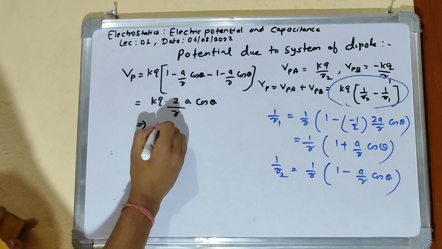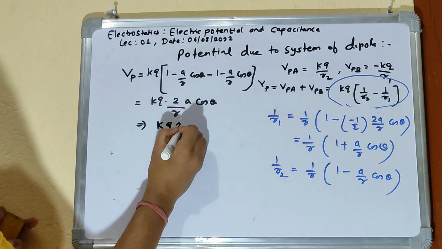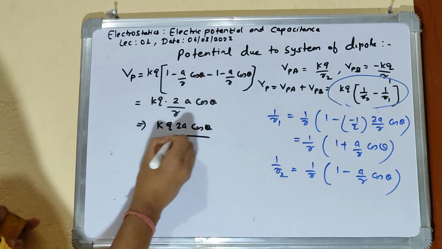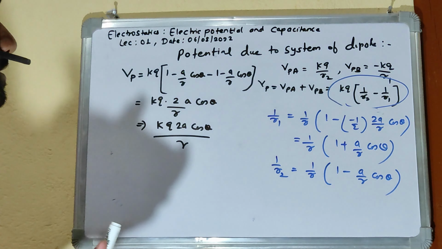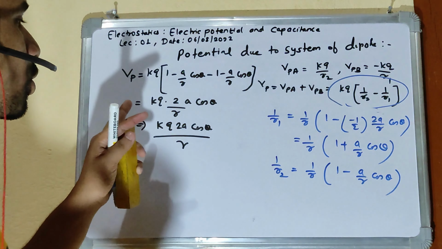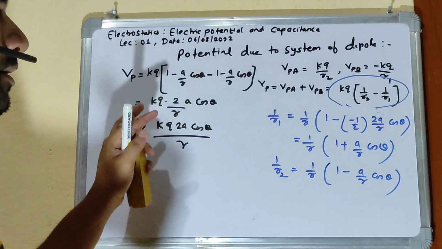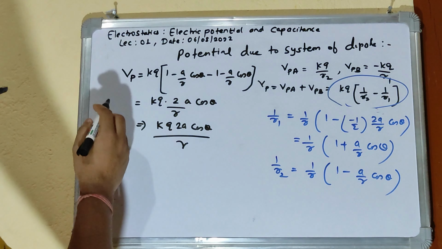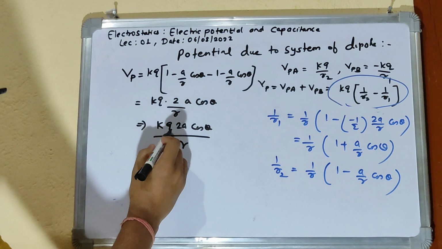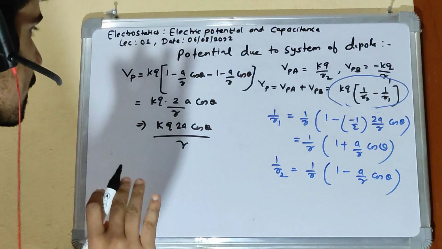If I rearrange it, Vp is KQ 2A cos theta by R.